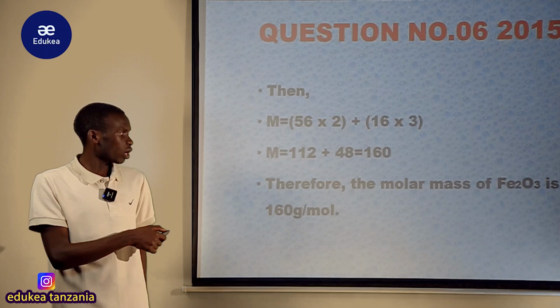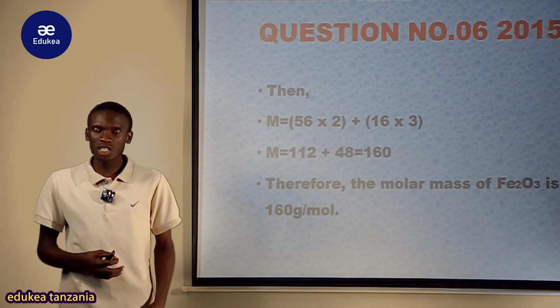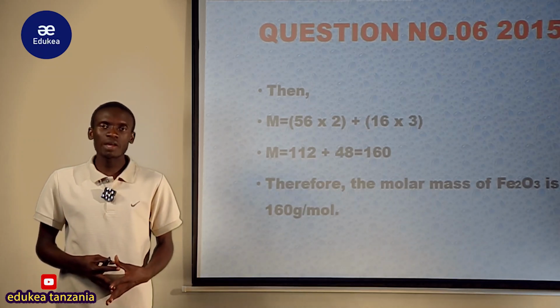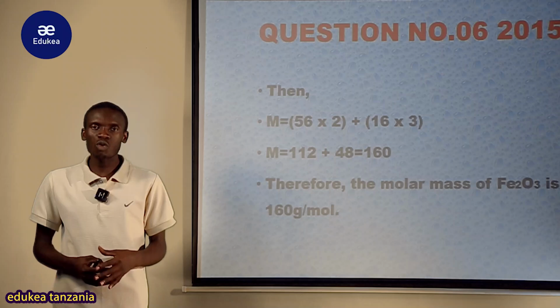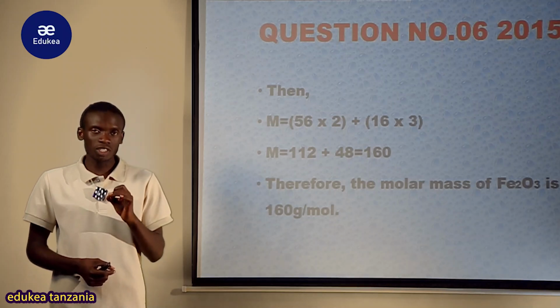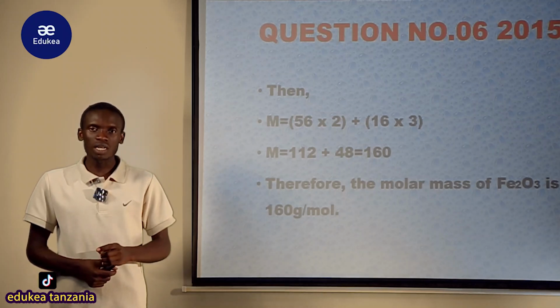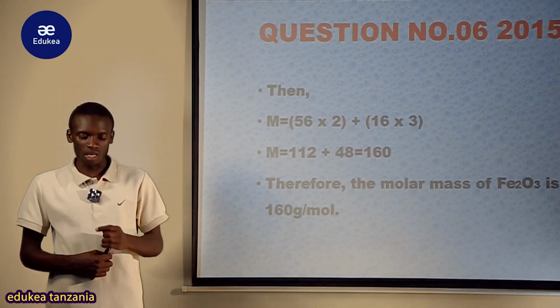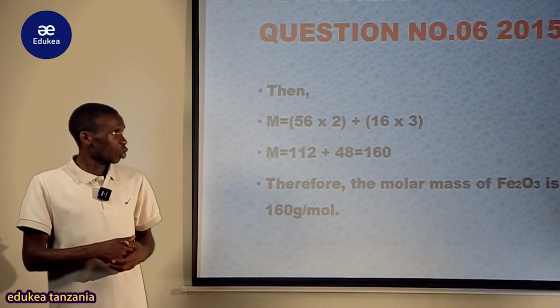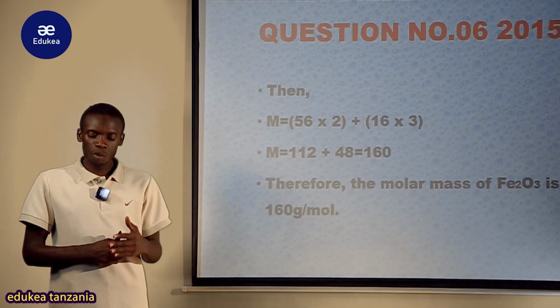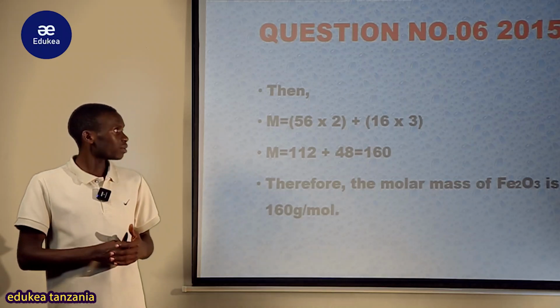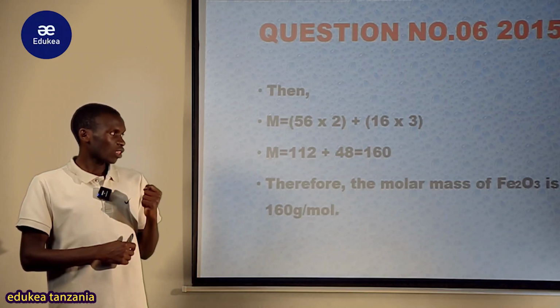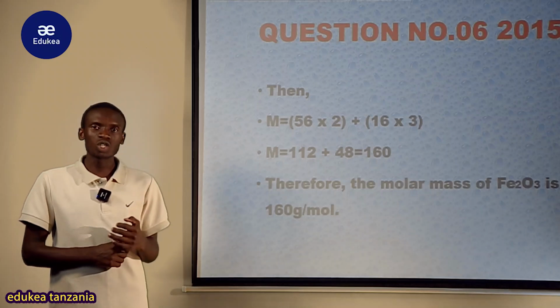The total molar mass will be equal to 160 gram per mole. So this is the molecular mass of iron 3 oxide, not iron 2 oxide. So this was supposed to be the answer for the second part of this question.